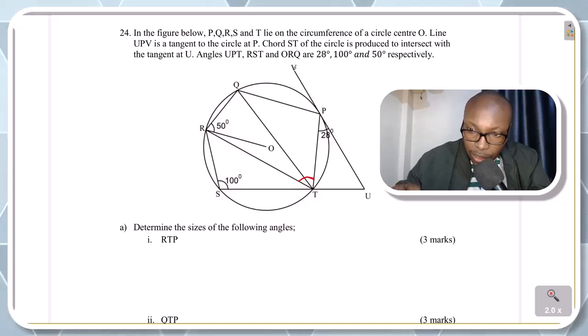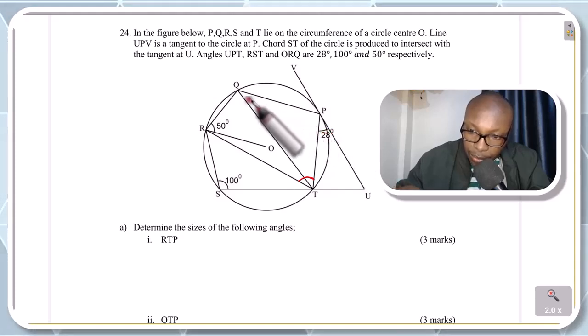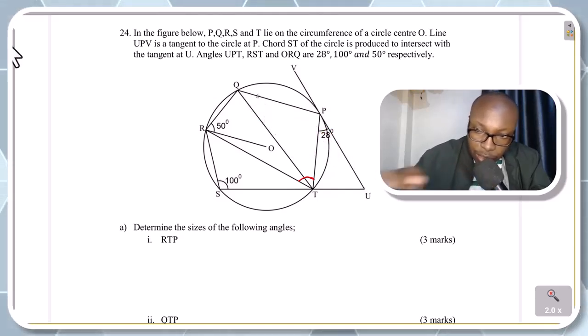The first one: I look at this tangent VPU, and you have this angle here which is 28. When you look at this angle, 28 here, and this is a tangent, there's another angle I'll be able to get. I'll give the reason for that.